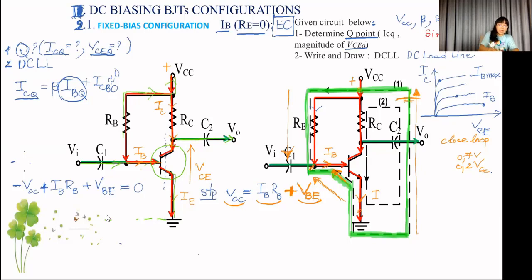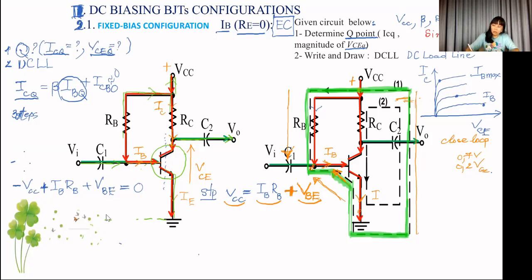We have the 3 steps for determining the Q point. And we place the first step. We should write down the fixed bias configuration equation. In this equation, we are counting 1 arrow.